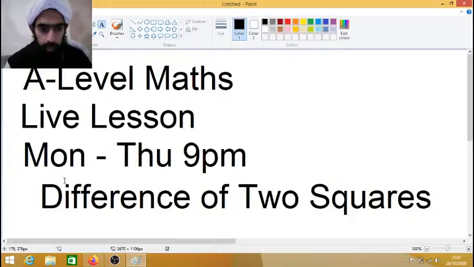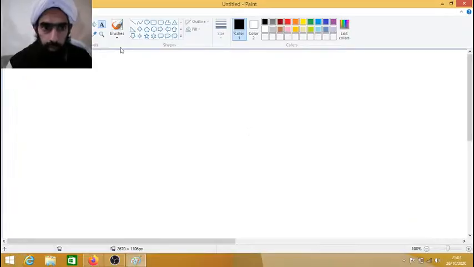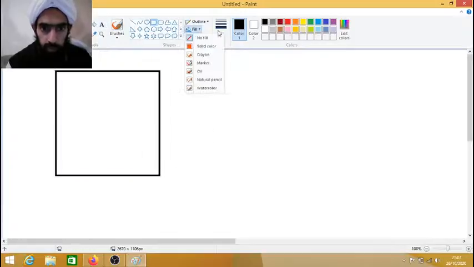Today's topic is the difference of two squares. So let's take a look at what this topic has to do with squares by imagining we have one square, and let's say it's a 5 by 5 square.